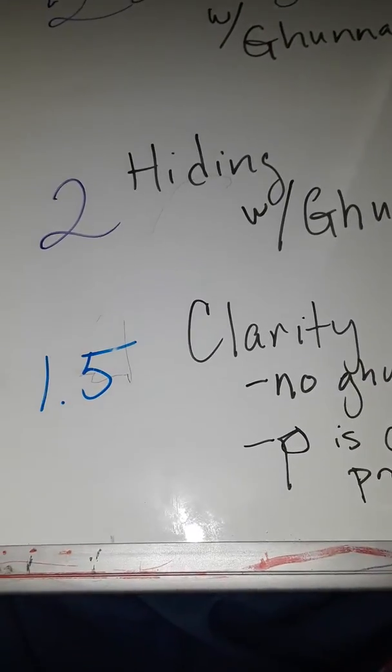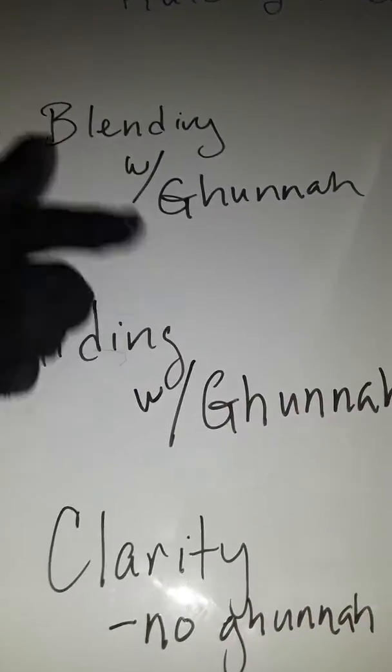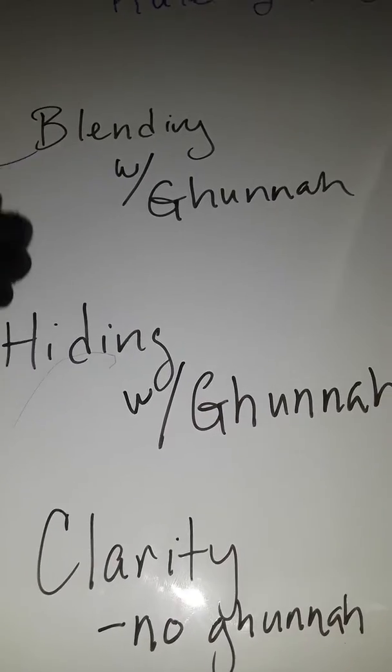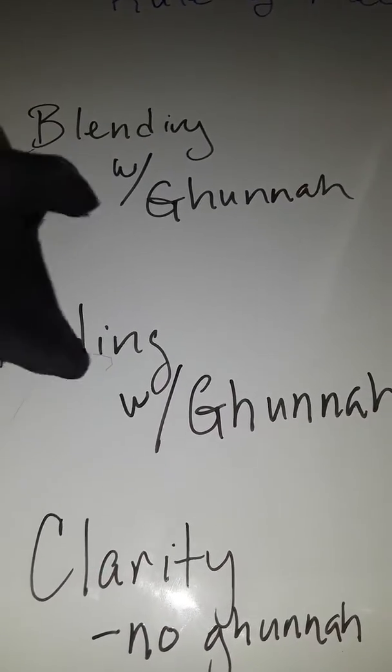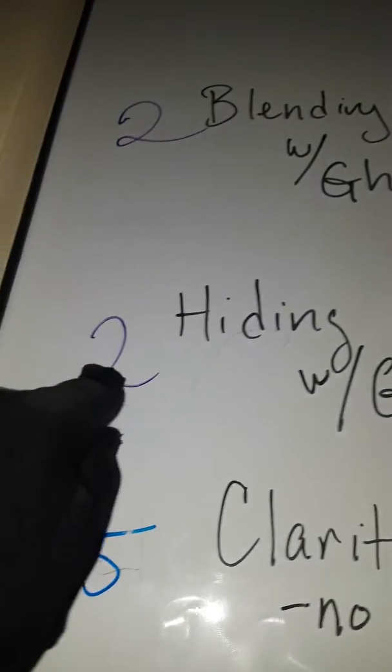Oh, I forgot to mention that for any of them, the rules are blending with, or saying, the meme with ghunna for two harakat. Sometimes you're going to see a little meme, and that's the same rule.